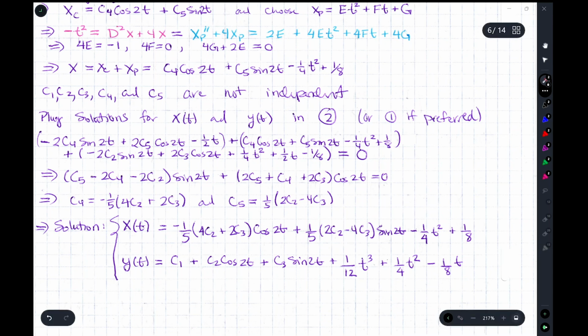At the end of the day, you've reduced your solution to 3 degrees of freedom, C1, C2, and C3. And we now have this solution, okay, for x and y, and they respect both equations, and they respect the degrees of freedom in those equations.